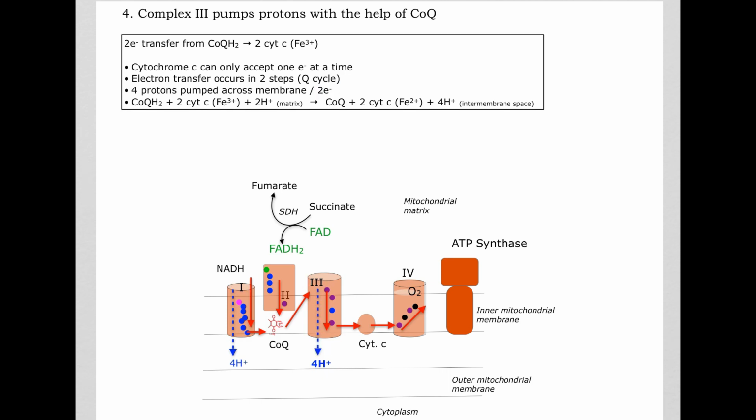This proton transfer from the matrix to the space is carried out by the help of coenzyme Q. Okay, what we call the Q cycle. So the coenzyme Q also helps complex number 3 to pump 4 protons into the space for every pair of electrons that is transferred from coenzyme Q to cytochrome C.